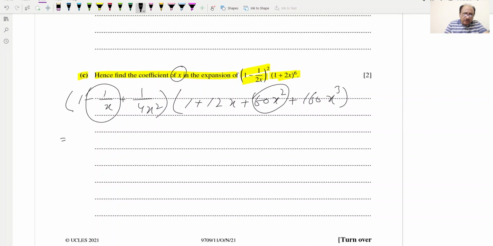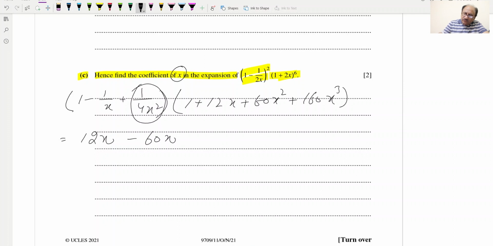So with this one we will get an x term. If we start with 1 and multiply 1 with this one, we'll get x. So we will write 12x, and second we will get it when we multiply this with x squared, so it will be minus 60x, and that's basically the third.